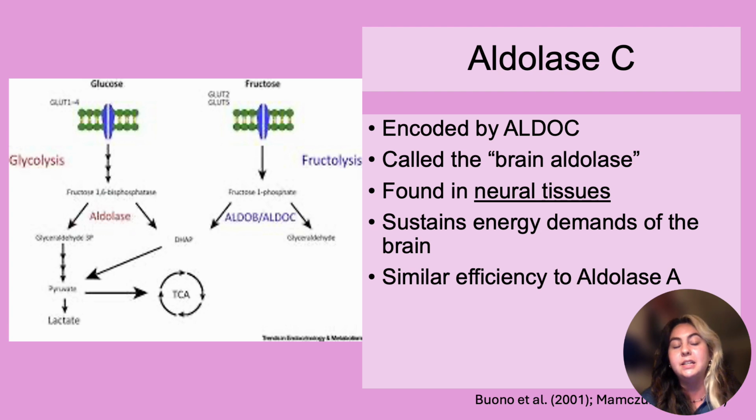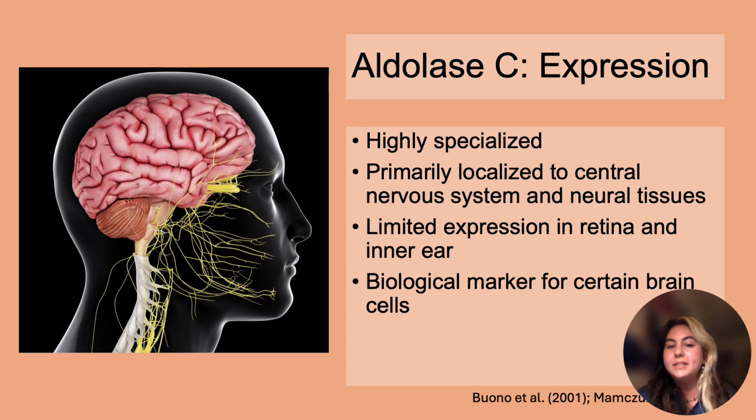That's because C can focus on driving that glycolysis and fructose metabolism to support the entire neural system instead of kind of dividing its workload up again. So aldolase C is going to be highly specialized. It's going to be expressed solely in the nervous system, primarily localized to neural tissues.